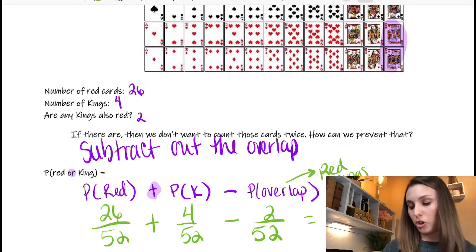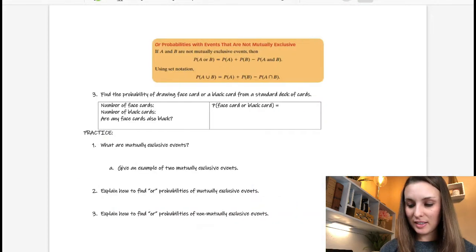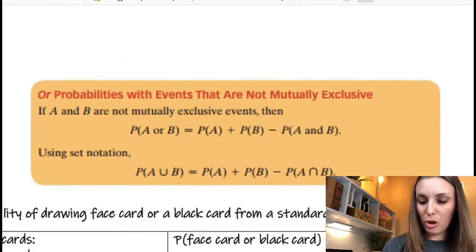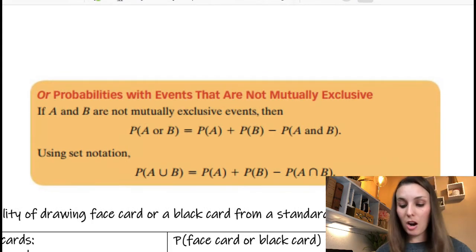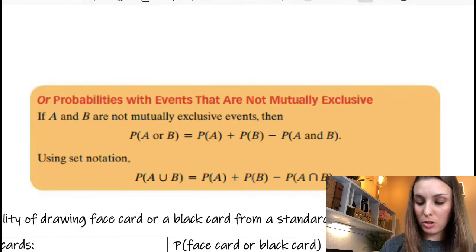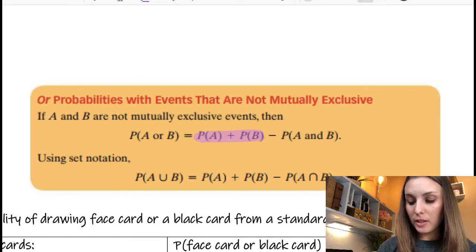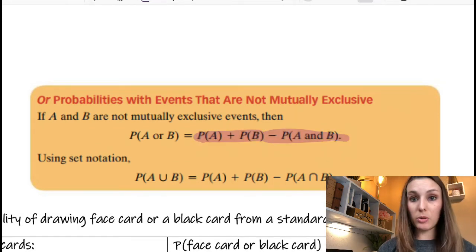And then I can reduce by 4, and we get 7 over 13. So for events that are not mutually exclusive, we add the two events and then we subtract out the overlap.